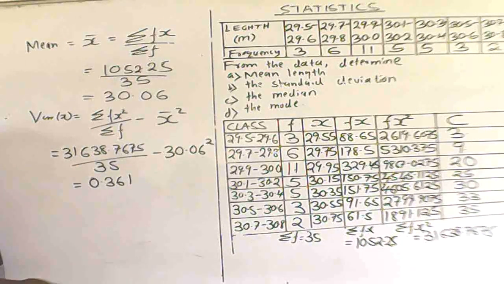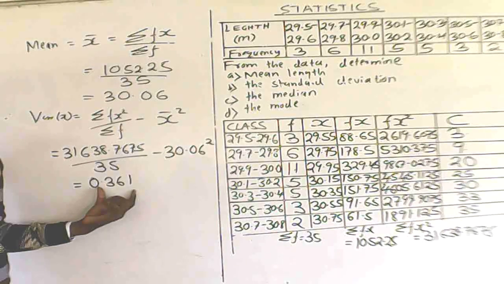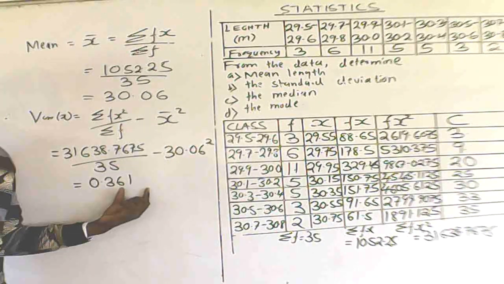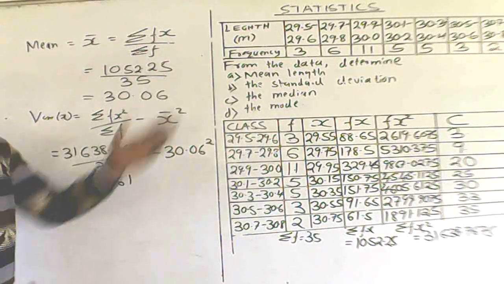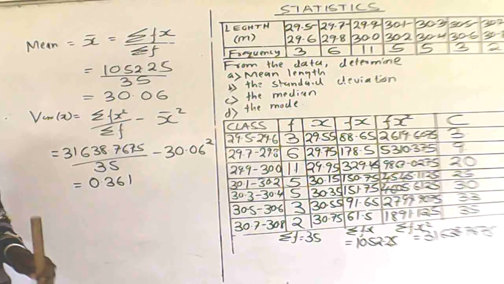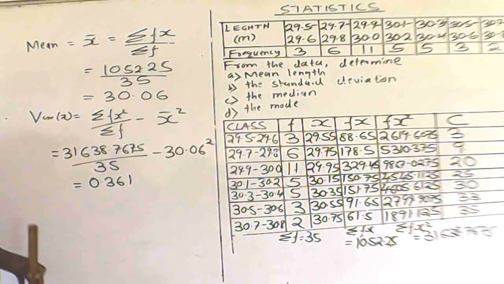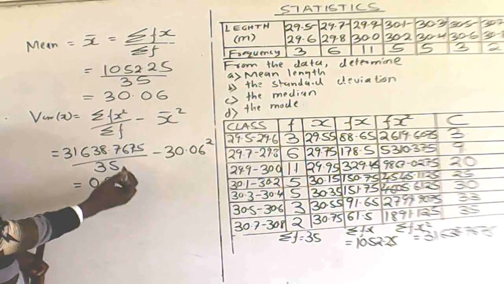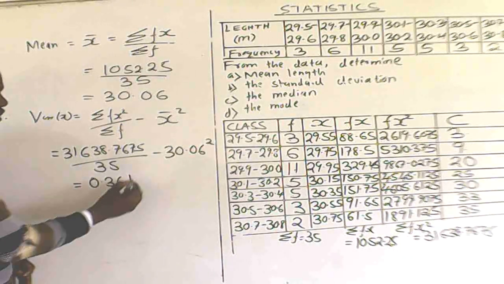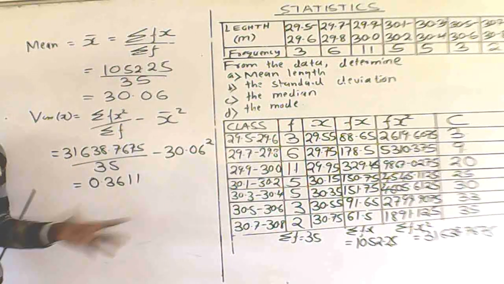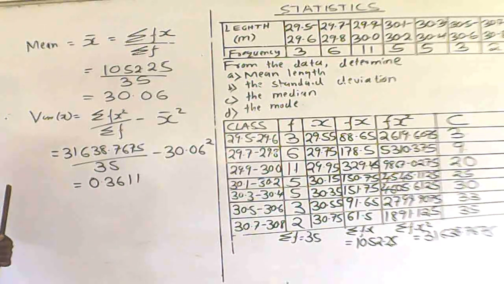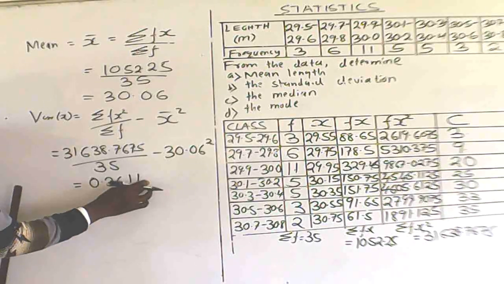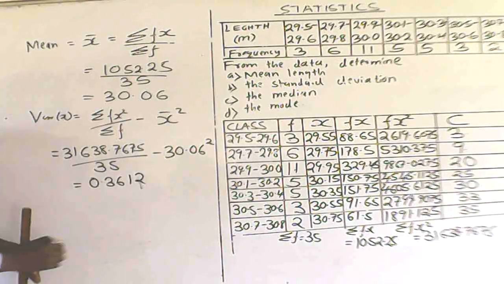Where you want to round it off, if you are not told, you can leave it at 5 decimal places, so long as you are not told. But for significant figures, it is very convenient. So it is 0.3611 for significant figures, or 0.36118, which we rounded off to 0.3612.